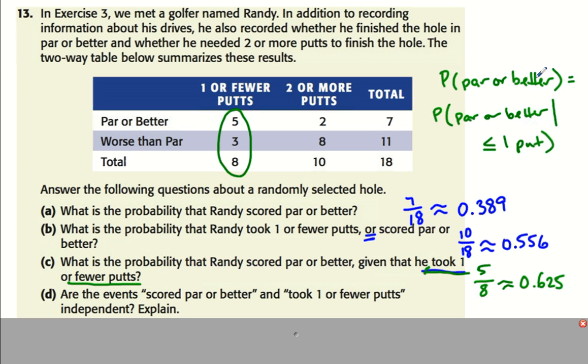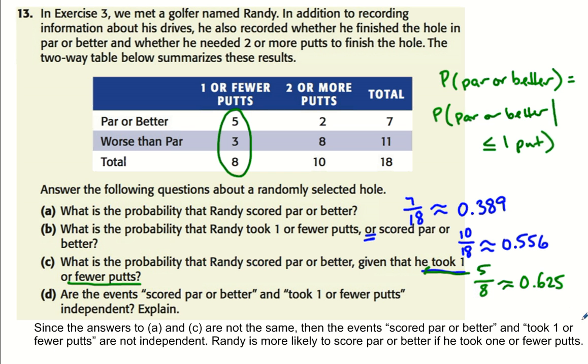It shouldn't matter whether he gets one or fewer putts. Let's look at those two probabilities. They are different. He does a lot better when he gets one or fewer putts. So they're not the same, and the events are not independent. Randy is much more likely to score par or better if he took one or fewer putts.